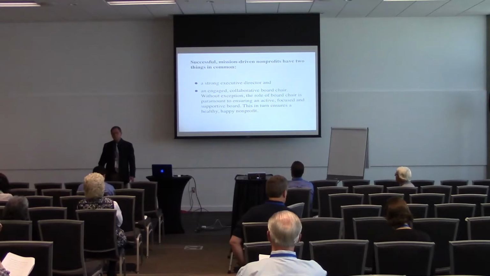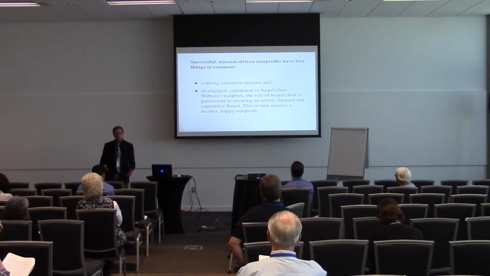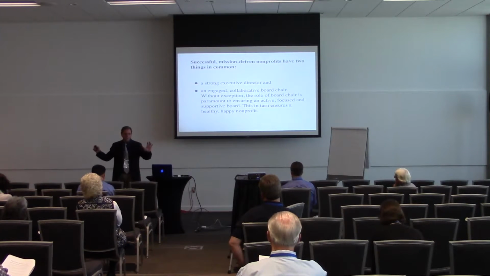Okay? If you've got a terrible executive director or a terrible board chairman, things can fall apart because the board can go awry very easily. I've sat on boards that have made bad decisions because the chairman didn't do his job. He'd say, wait, we're not making sense here. We got to stop. We got to think about this. We can't railroad this thing through.